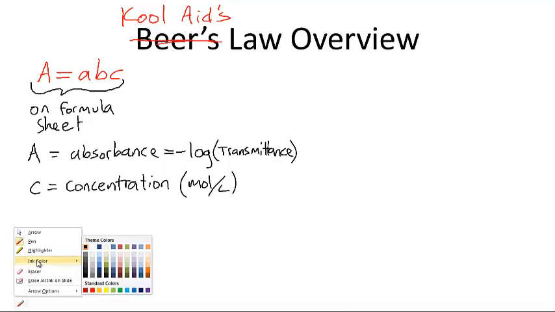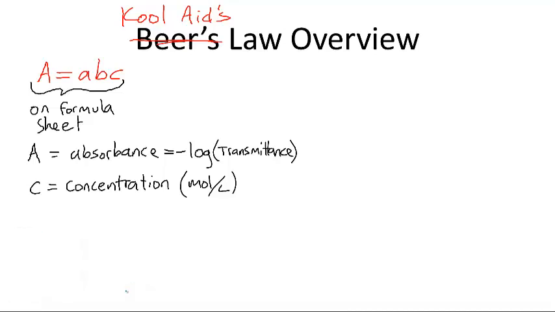Maybe you could say little a does, but B is what we call the path length. So this is how far the light has to travel through the solution.